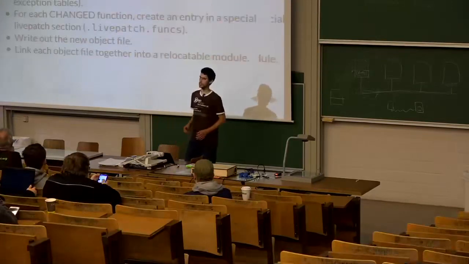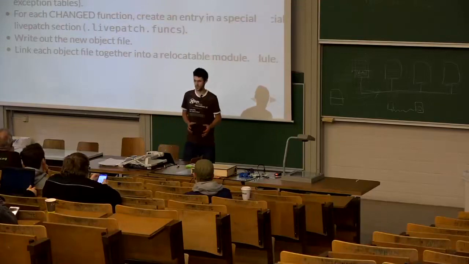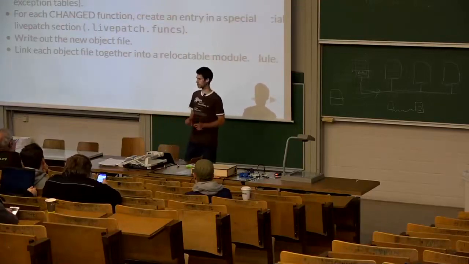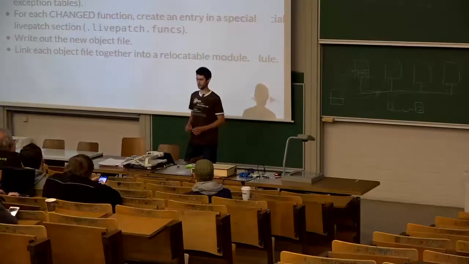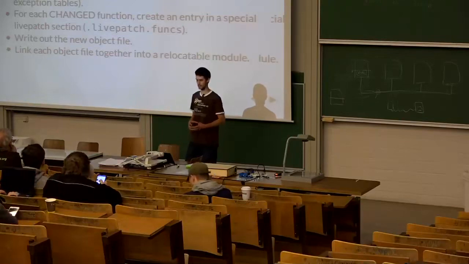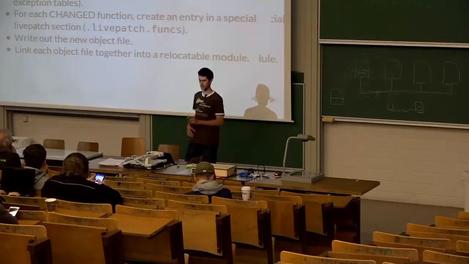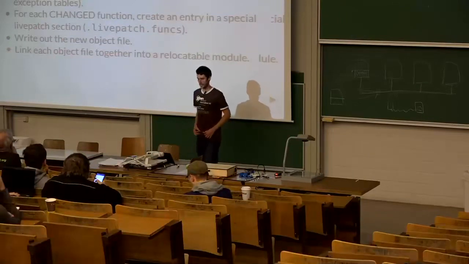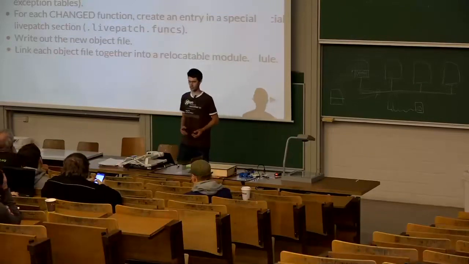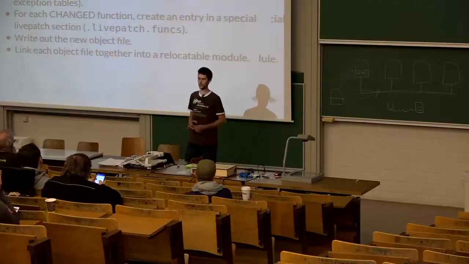There's some special logic to handle things like exception tables and bug frames, because we need to include only the relevant portions into the live patch, so only the changed portions, so it needs to be split out. It then creates some metadata which the hypervisor uses for determining which functions need to be replaced.